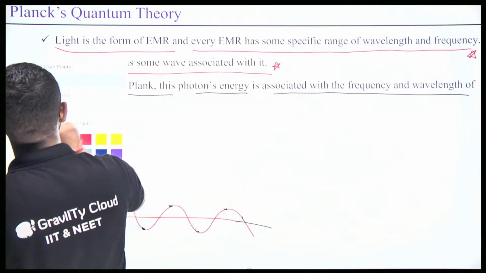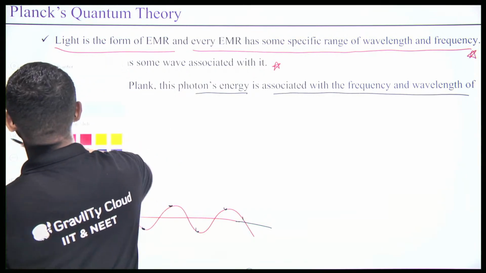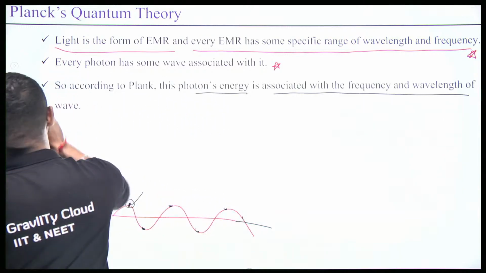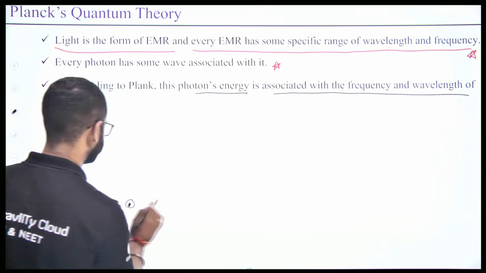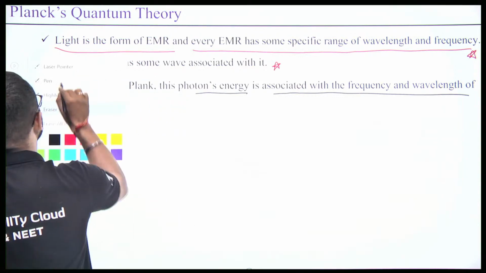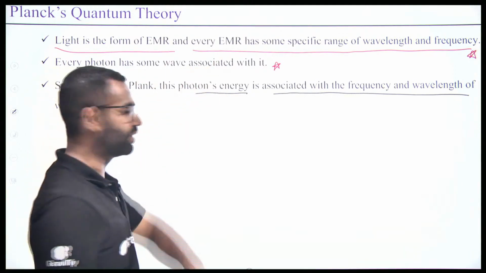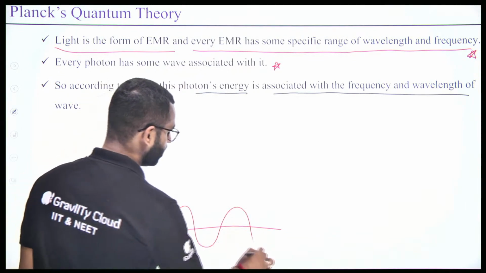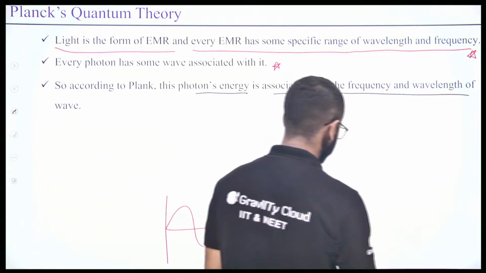Will it be or will it not be? Is it possible or not? I'm telling you that every photon has some wave associated with it. That means if this is my photon, this is my wave, and this is my other wave.